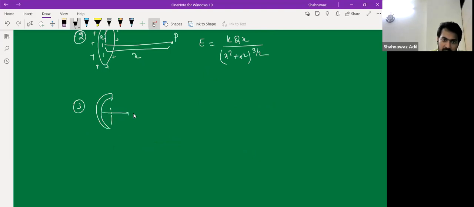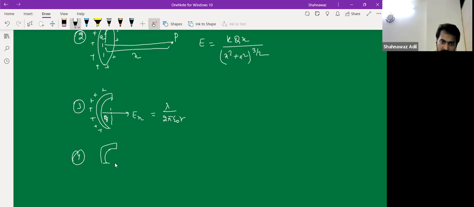And then we calculated the electric field due to a half ring. At this point there would be only Ex, and this will come out to be, let's say this is R, so let me write it as small r, lambda by 2 pi epsilon r. Then we calculated the electric field due to this quadrant.